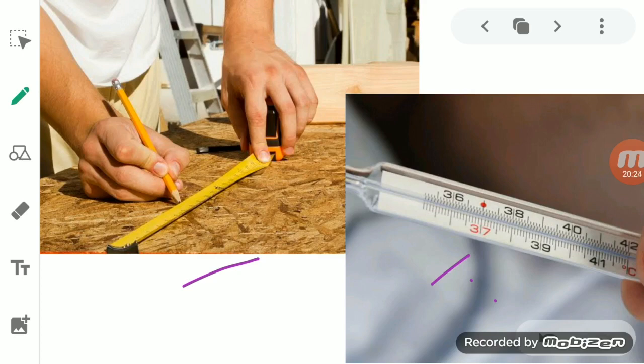For example, if you want to visit a place and you have to decide whether you will go on foot or by a vehicle, it totally depends upon the distance to be covered.